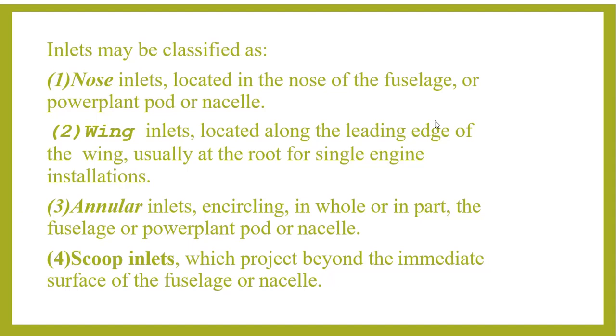We have annular inlets, and they are encircling the whole of the fuselage or part of the fuselage or the powerplant pod or the nacelle. The scoop inlets project beyond the immediate surface of the fuselage or the nacelle. So they are outside, to scoop the air. Annular, because they are encircling the whole or part of the fuselage.